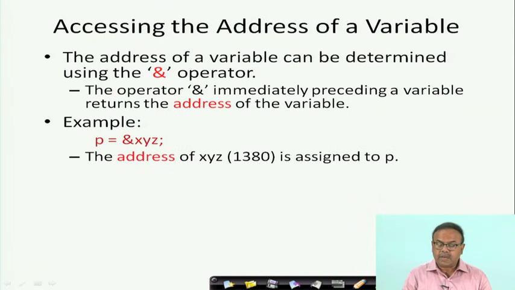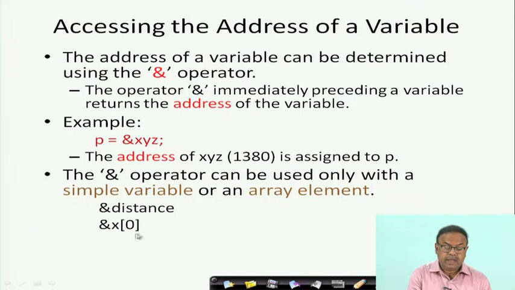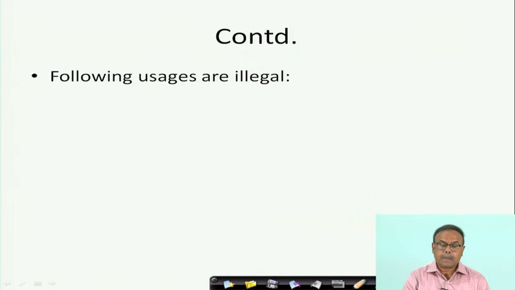This operator & can be used only with a simple variable or with an array element. For example, &distance and &x[0], that means the address of the first location of the array x, and &x[i-2], all these things are possible.